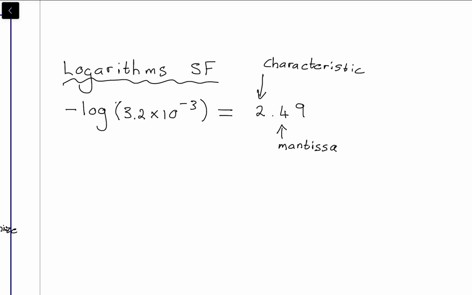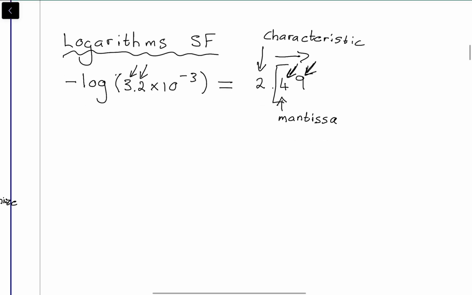And interestingly enough, how logarithms work is you look from here to count your significant figures. So you count 1, 2 significant figures, and that is how you round. Okay, so you see here 1, 2 significant figures, and you go 1, 2 significant figures from the mantissa is how you count. All right.